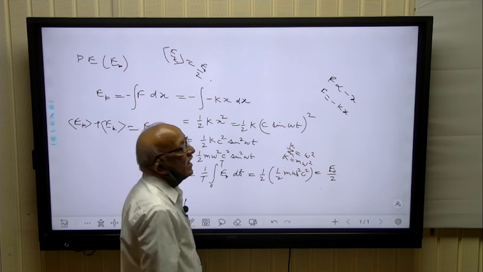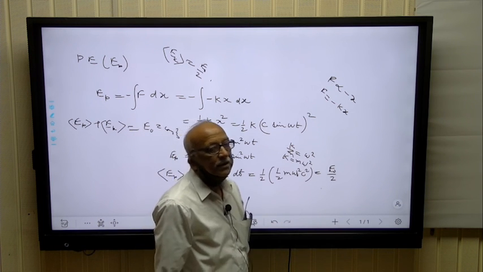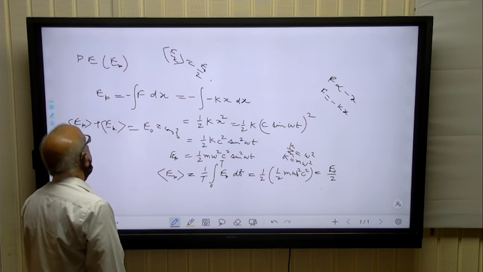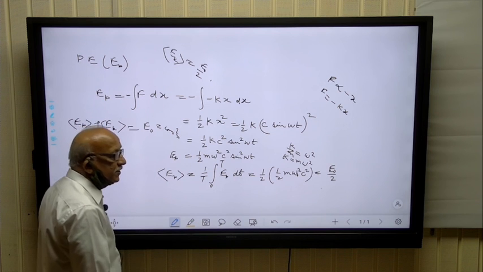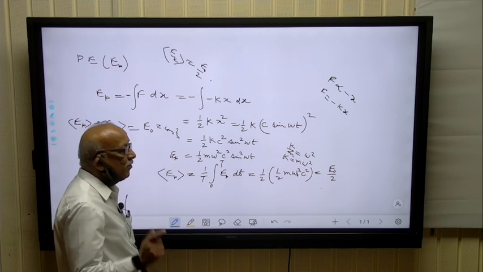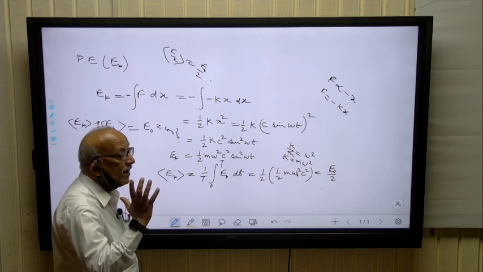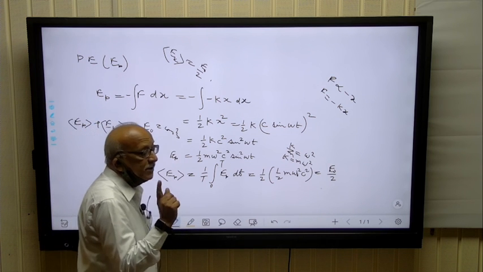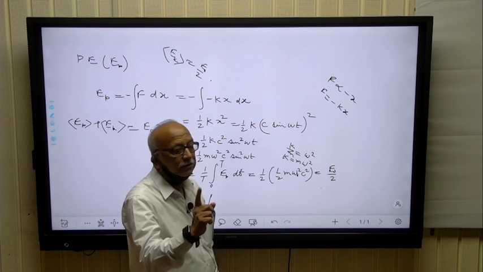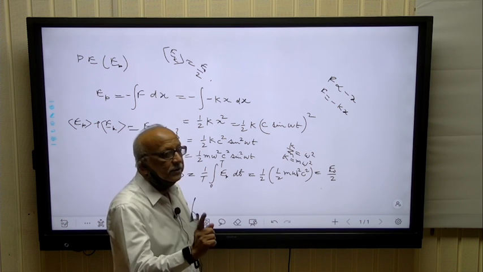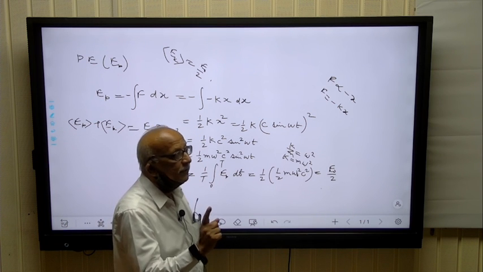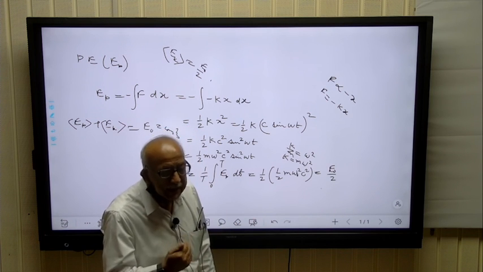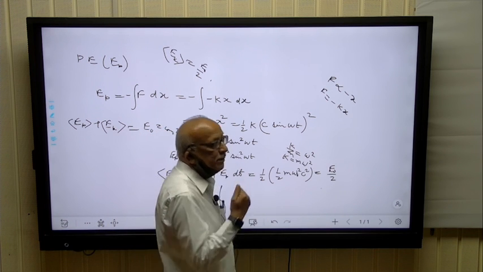In simple harmonic motion, the total energy of the oscillating system remains constant, but you should be very particular: here I am considering only a single force, which is the restoring force only, and which always tries to bring the particle back to its mean position.